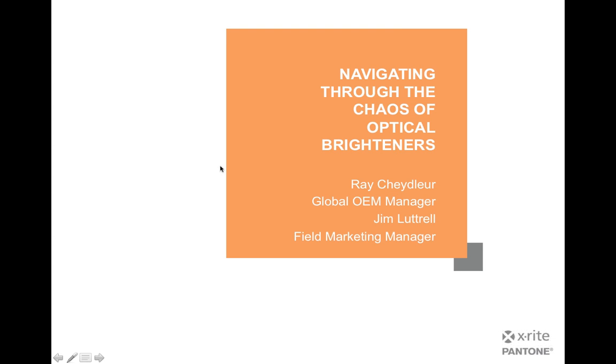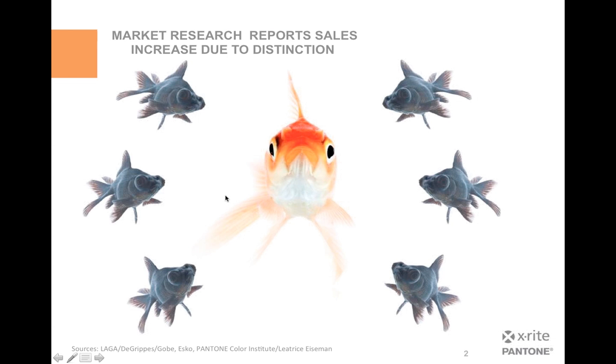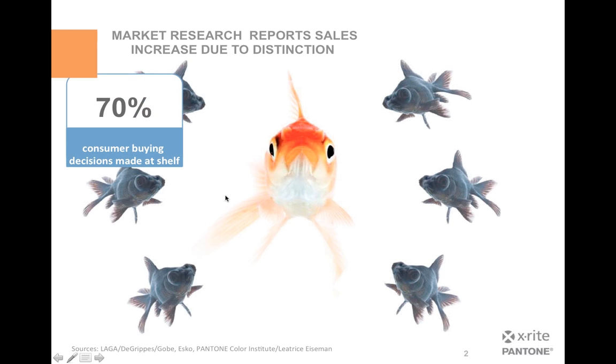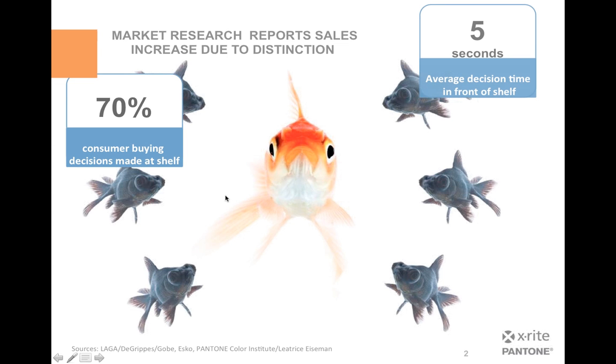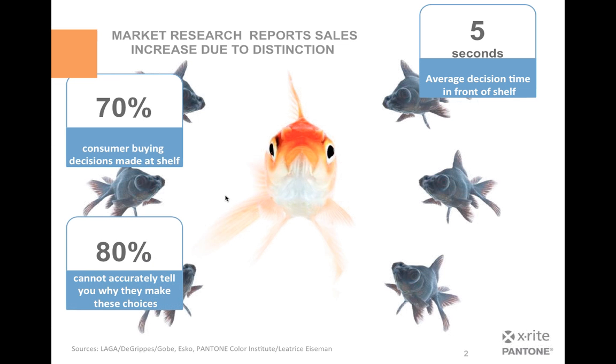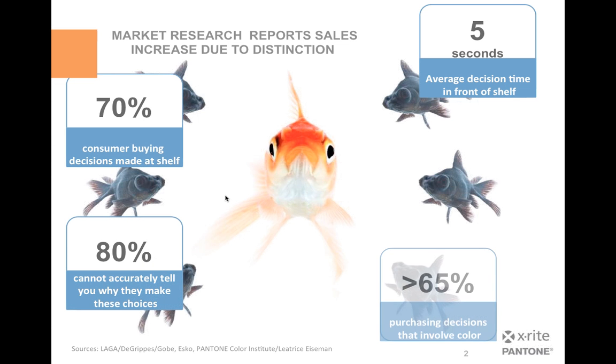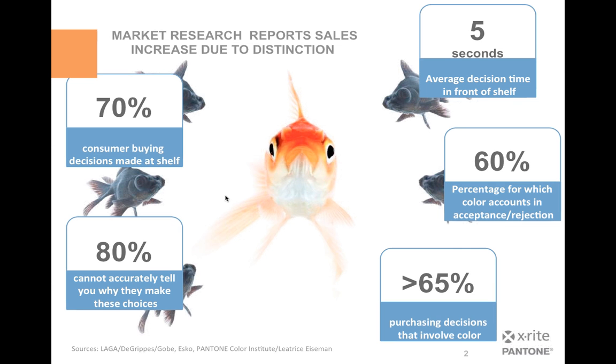Okay, so let's go on to slide 2. We'll start off here. I think this is an important piece. We generally think about printing and so forth as an objective, and the objective usually is for someone to communicate better, and often it's about selling a product. One of the things we'll see here about market research is that if we understand consumer behavior, we'll understand that they make decisions very quickly.